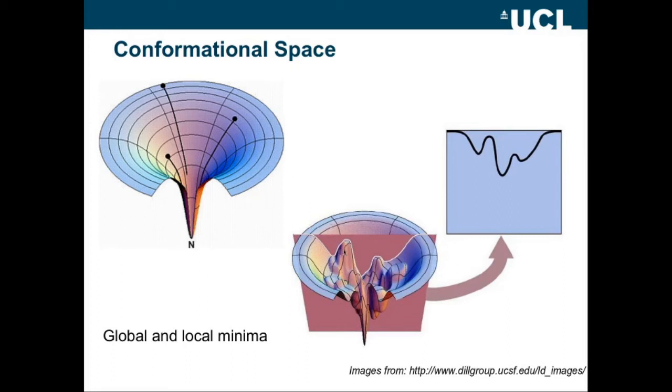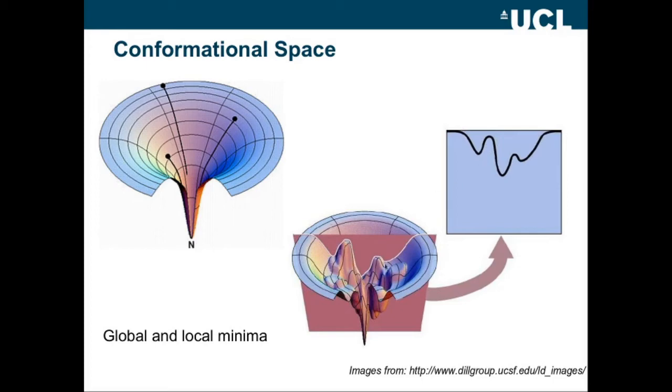It is actually a very, very rough surface like this. So what I've done here is show you a picture with a slice then taken through that surface that looks like this. And that slice shows you a kind of one-dimensional now variable with energy going this way.